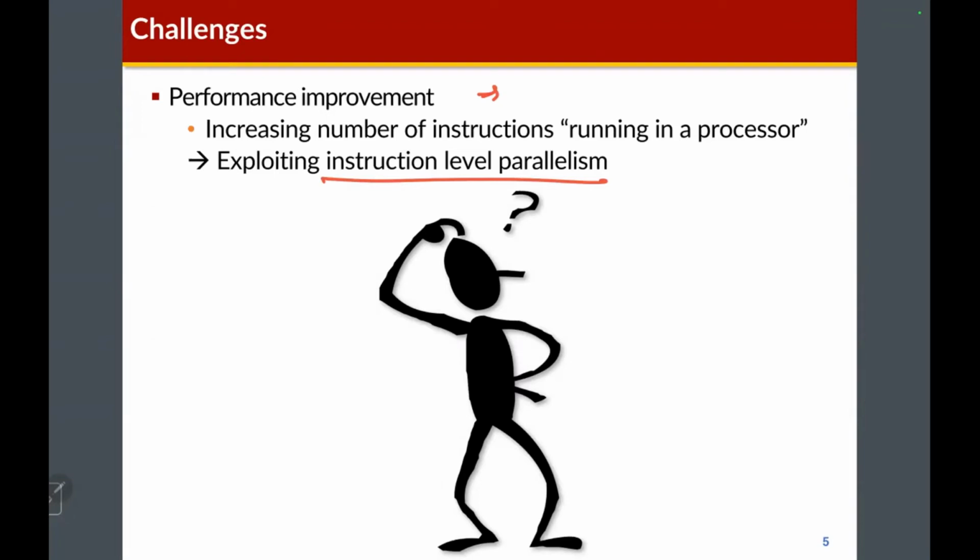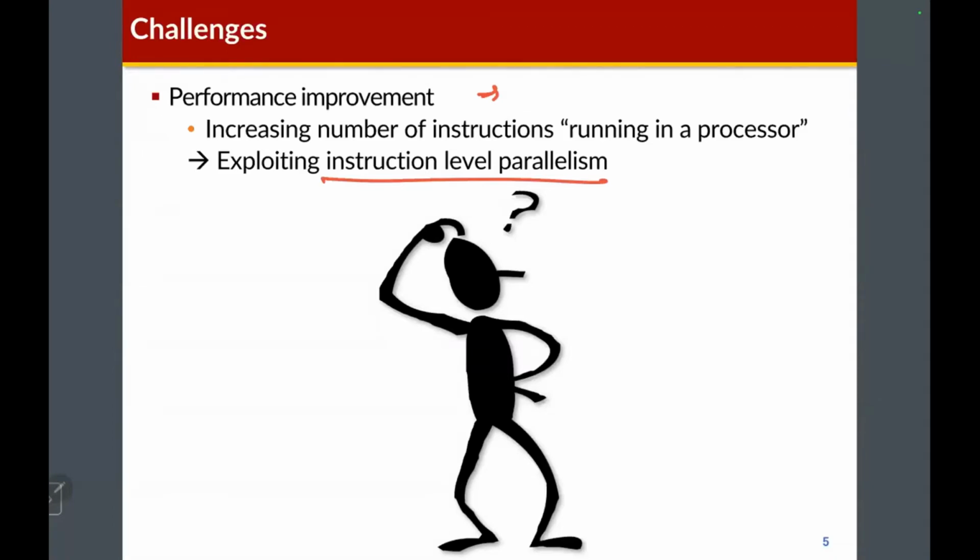We need to increase the parallelism. So for the aspect of the instruction, we need to increase the instruction level parallelism. If we just focus on the thread level, then we need to increase the thread level parallelism. But the fundamental basis is that to increase the performance, we need to increase parallelism. Okay, that's very important.